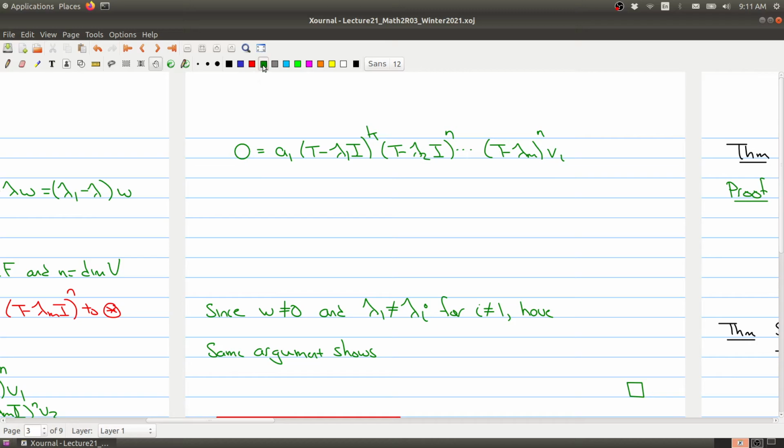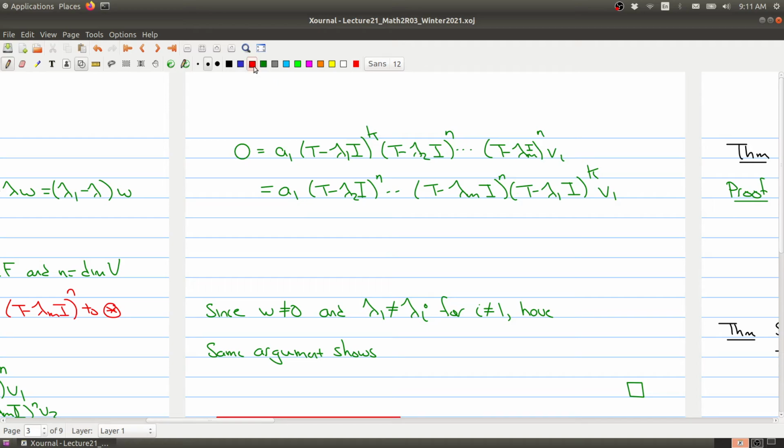But now we can, again, move these operators around in any order that we want. So I can move it around so that I put the first one at the end. So I have (T minus lambda 2 I) to the n, and then (T minus lambda m I) raised to the power of n, oh, I forgot an I up here, and then (T minus lambda 1 I) raised to the power of k times v1.